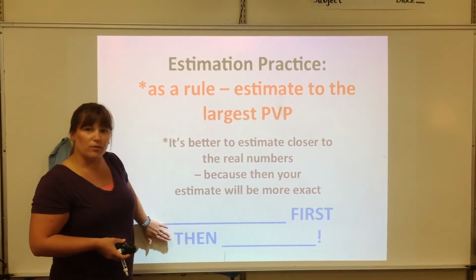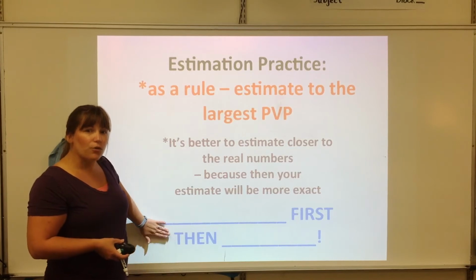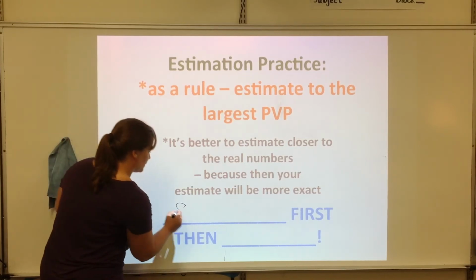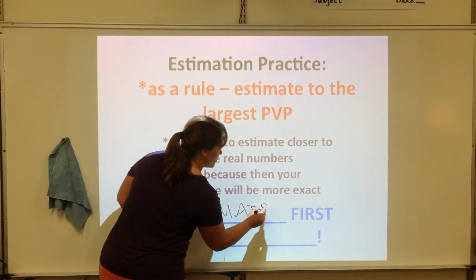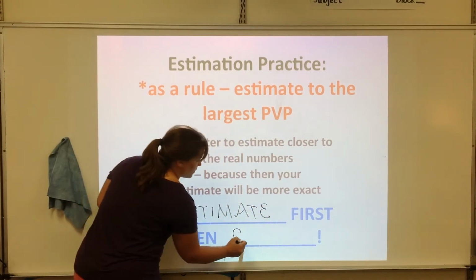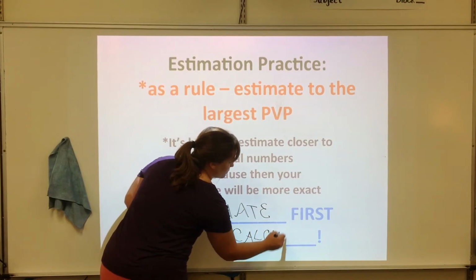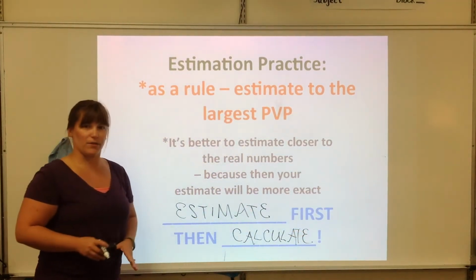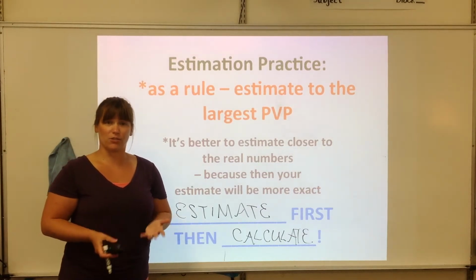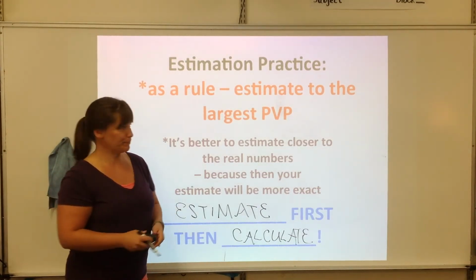The biggest thing I want you to write down and remember is that you should always estimate first. And then do your calculation. So calculate after you've estimated. Today our calculations are going to be multiplying.